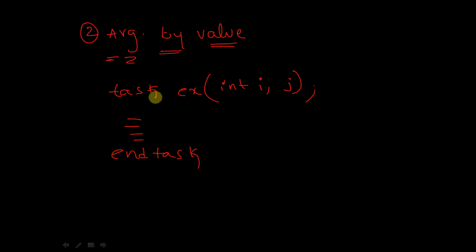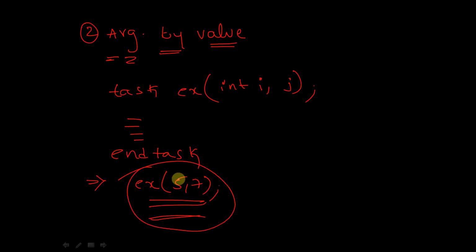In case of arguments passing by value, we will pass the arguments directly. We call the task name and simply pass the arguments 5 and 7, providing the values directly. Whereas in arguments passed by name, we provide the name of the argument and the value. So this is how we pass arguments by name and by value.